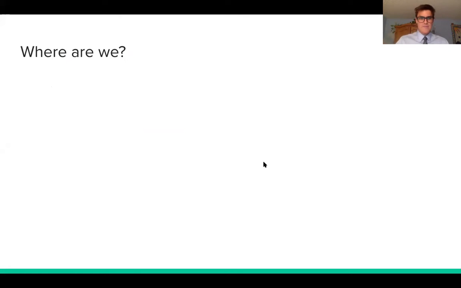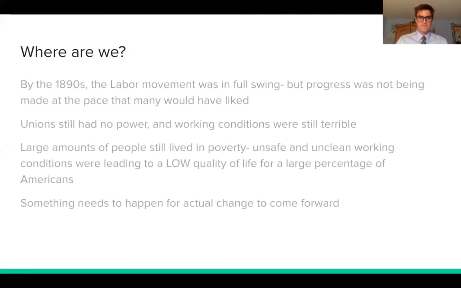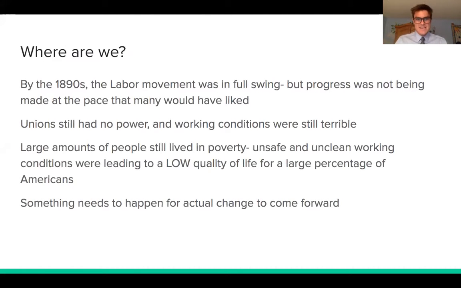So where are we in the big picture of United States history? By the 1890s, the labor movement that we've been learning about in class was in full swing. There were strikes, riots, protests, but progress was not being made at the pace that many would have liked.